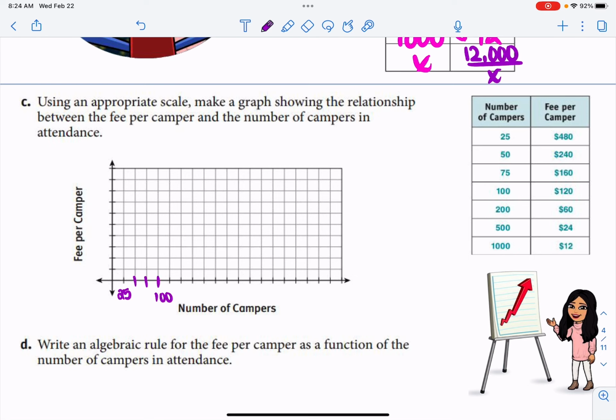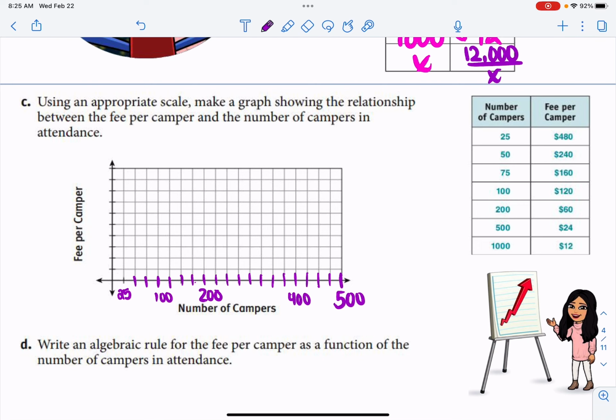Then 125, 150, 175, 200 is here, and so on and so forth. 225, 250, 275, 300, and then 325, 350, 375, that would be 400. And then 425, 450, 475, 500. You don't have to go all the way up to 1,000. You just have to have a good representation of data points.